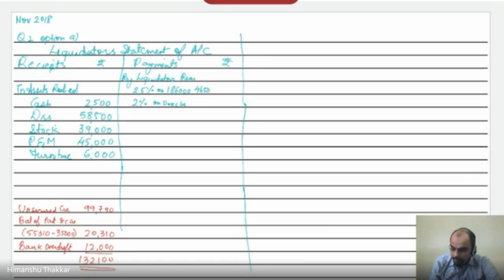Then next in the order come preferential creditors. What's the amount of preferential creditors? It is given directly: 24,200. We write it, 24,200.